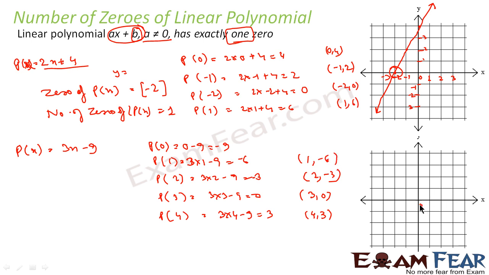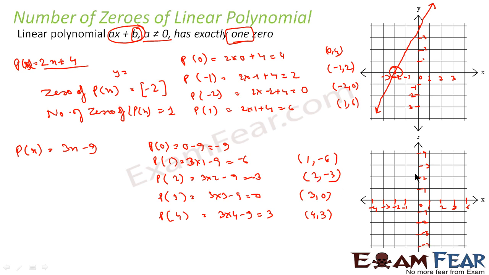Let's plot points here 0, 1, 2, 3, 4. This is minus 1, minus 2, minus 3, minus 4, correct? And let's plot the point here. This is 1, 2, 3, 4, minus 1, minus 2, minus 3, minus 4.